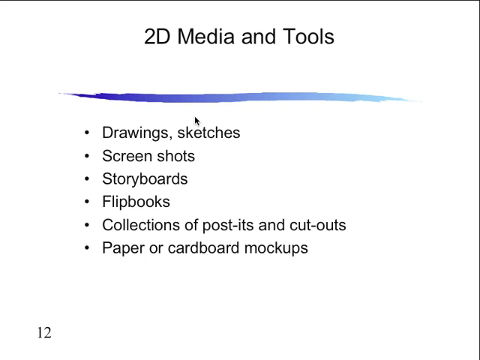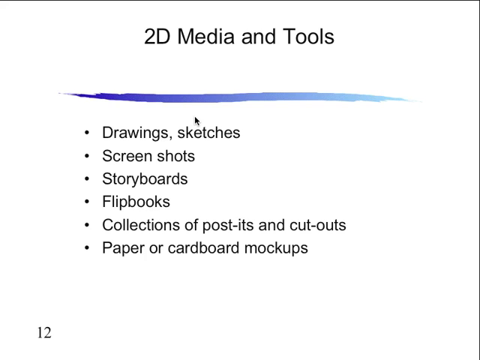That would be a two-dimensional kind of thing. Screenshots and storyboards also fall into the two-dimensional, depending upon how much information is being put on there and how you can flip through them. Flipboards. I know as kids, when you start learning how to draw, you take like 50 sheets of paper, all the same size, and that's a flipboard actually.